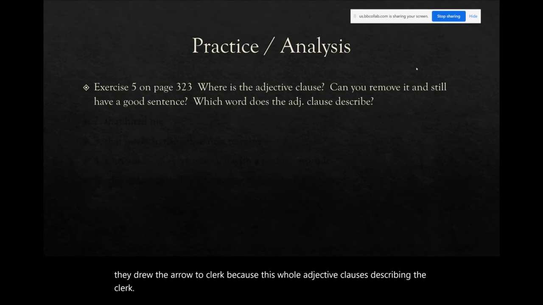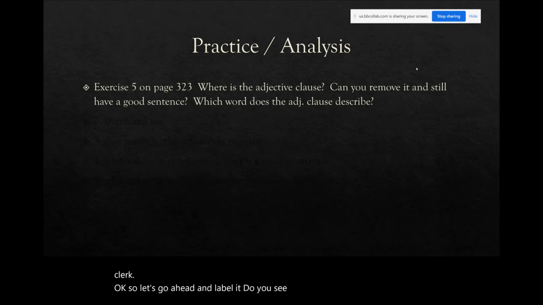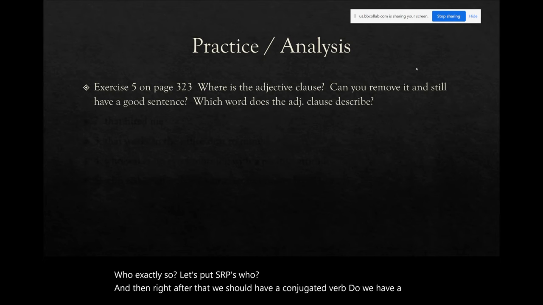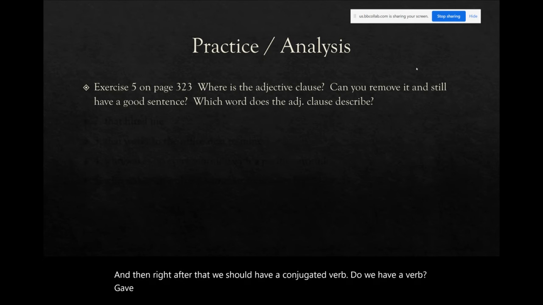Let's go ahead and label it. Do you see an SRP, a subject relative pronoun? What is it? Who, exactly. So let's put SRP is who. Right after that, we should have a conjugated verb. Do we have a verb? Yes, gave. So we can put V for verb there.